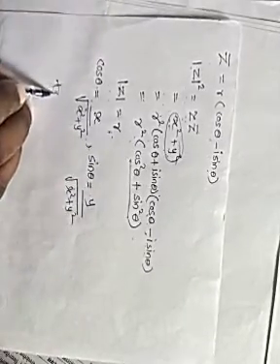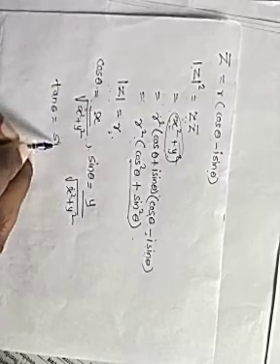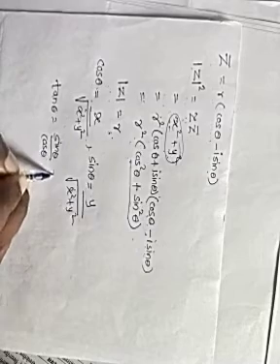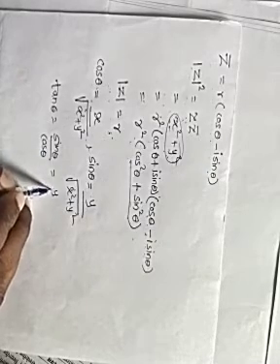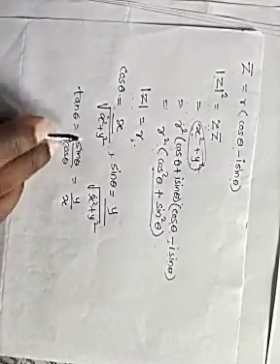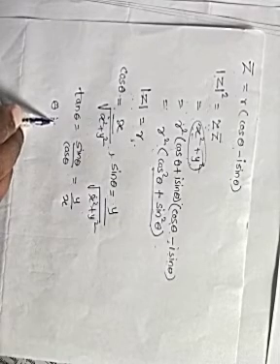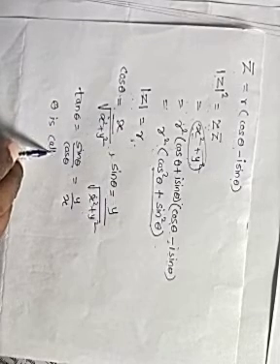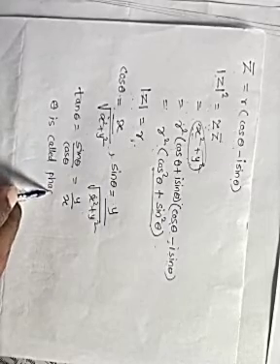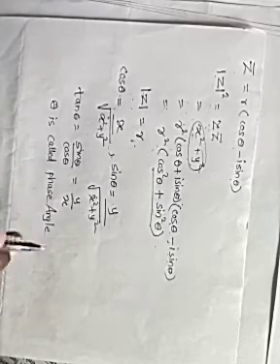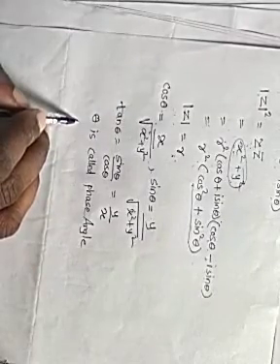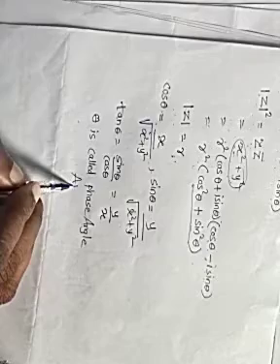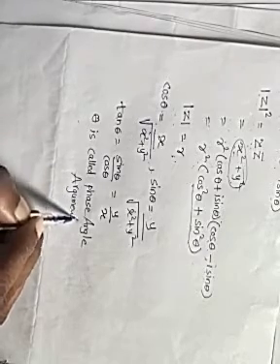And similarly, tan theta, which is sin theta upon cos theta, is y by x. In this form, the quantity theta is called the phase angle, or we can say the argument of the complex number. Okay, so let's stop here.